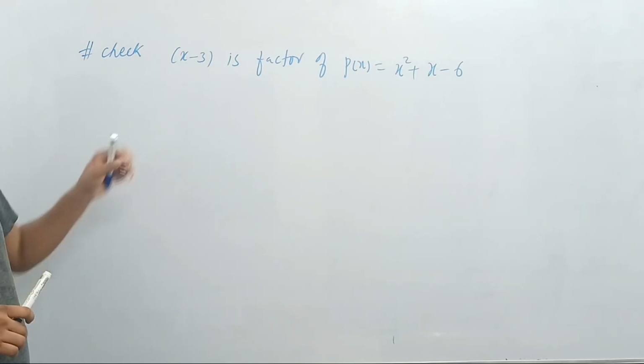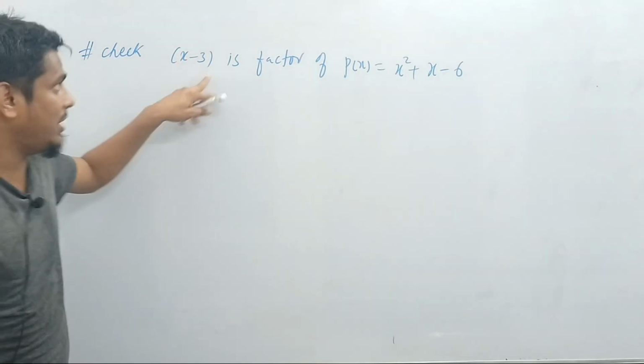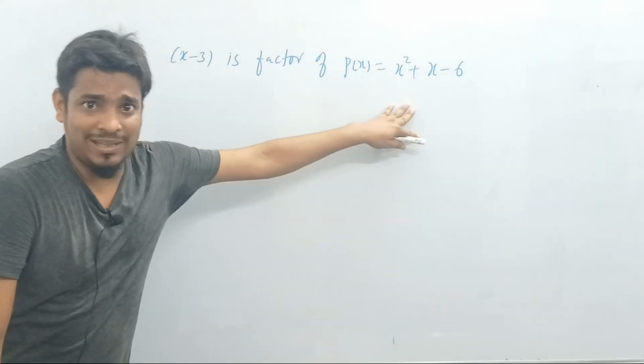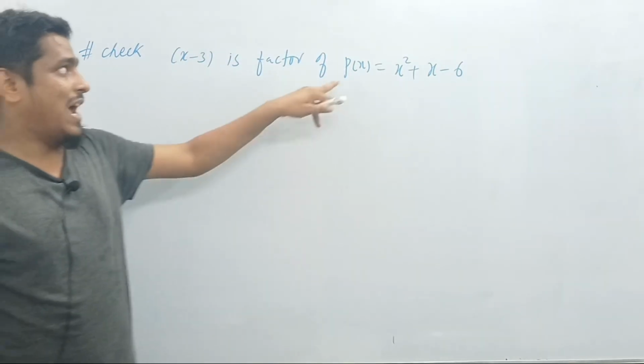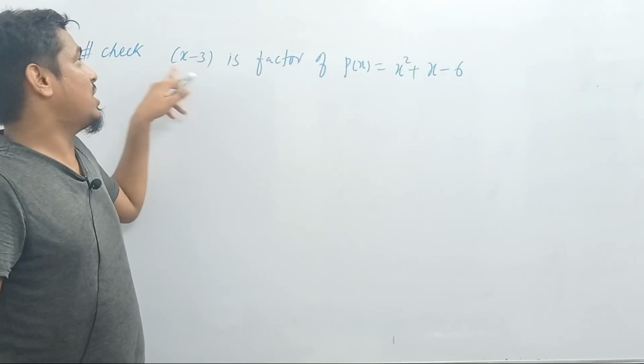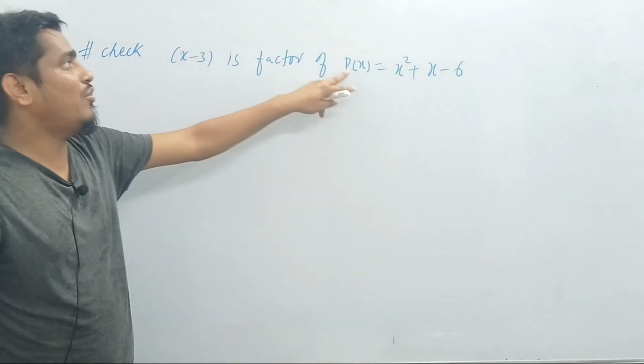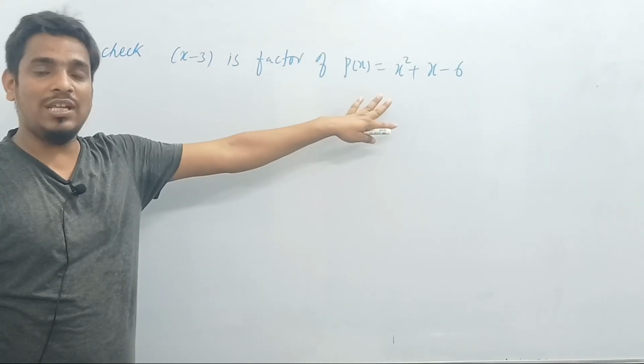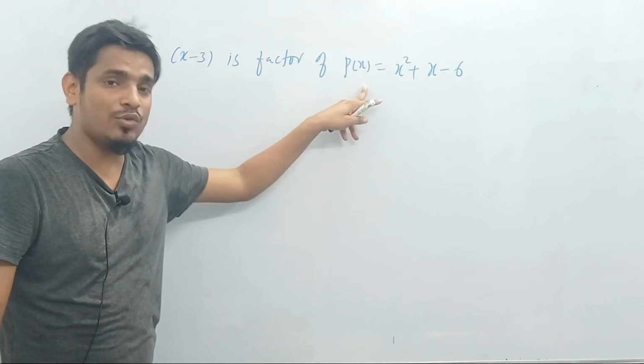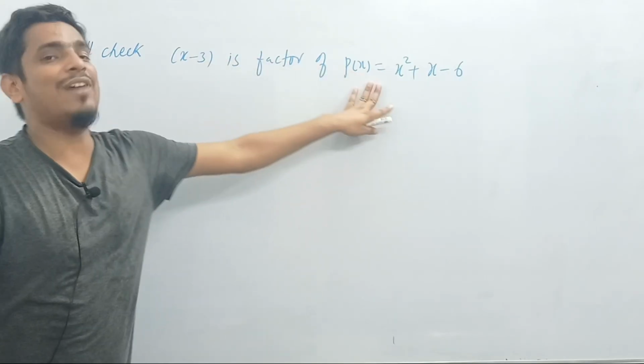If x minus 3 is a factor of P(x), then by the factor theorem the value of P at x equal to 3 will be 0. So we need to check whether the value of P at x equal to 3 comes 0 or not. If it is 0, it means x minus 3 is a factor of this.